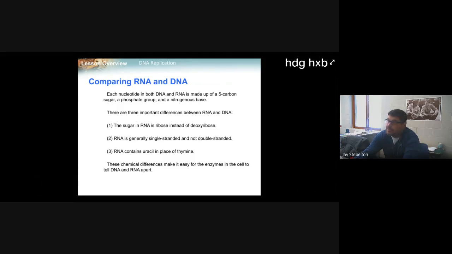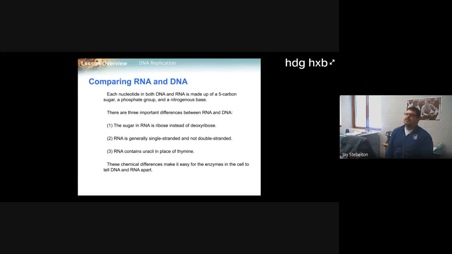But it's easy to remember because RNA starts with an R and ribose starts with an R, and DNA starts with a D, and deoxyribose starts with a D. So there are actually 3 differences between RNA and DNA. The first one is the sugar type. They are both made of a 5-carbon sugar, but the difference is the names of them. RNA has ribose instead of deoxyribose.